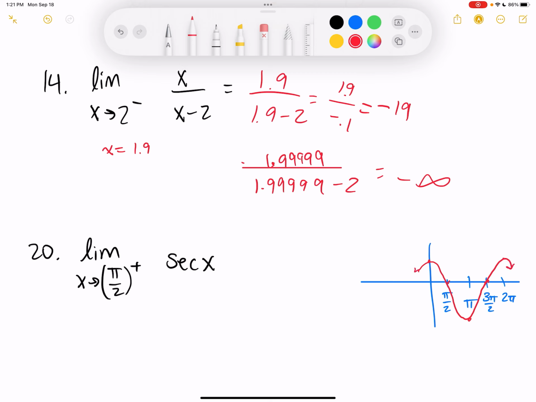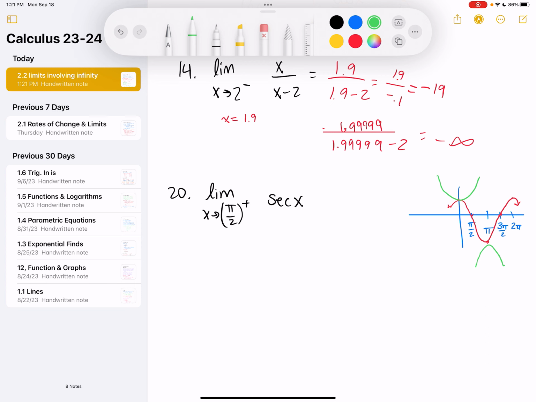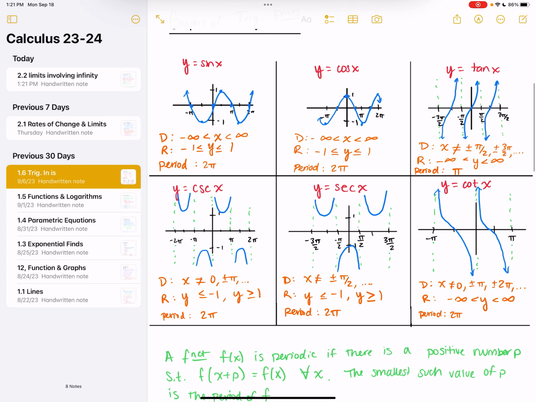So then secant would be, but I think there were, I don't have it still out, hold on. So there were asymptotes at, do I have this backwards? I might have this backwards. Yeah, yes. Now I'm questioning my trig graphs that I have drawn.